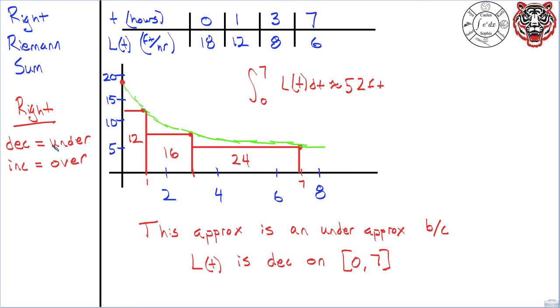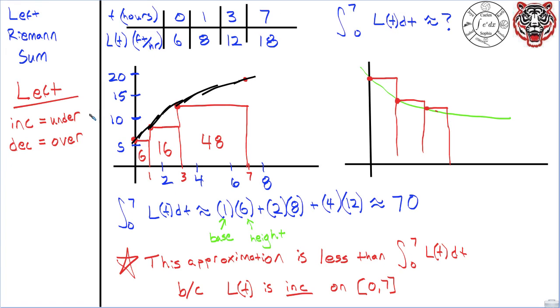But this rule stems from just being able to draw a right and left Riemann sum in your mind. And then for left, decreasing is over.